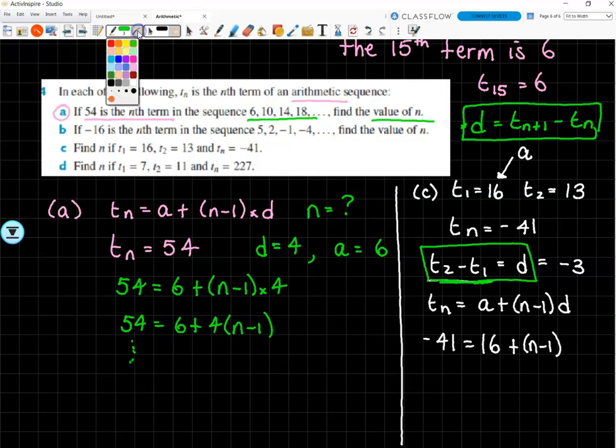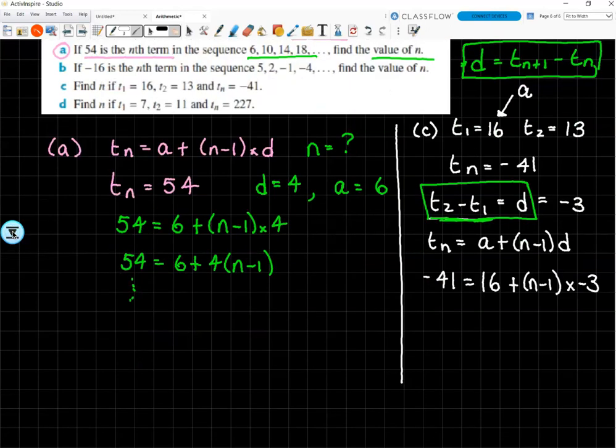So back to, so times negative 3, and now this is again simple mathematics that you should be able to solve for n. And I'll just finish it off now.